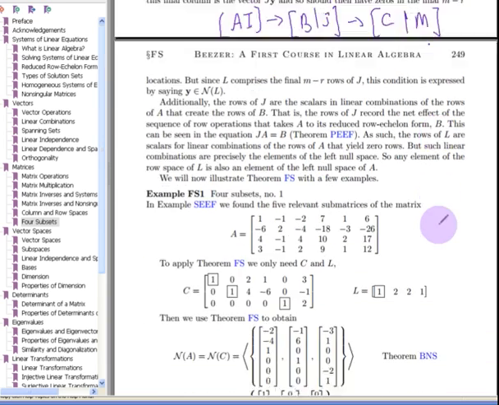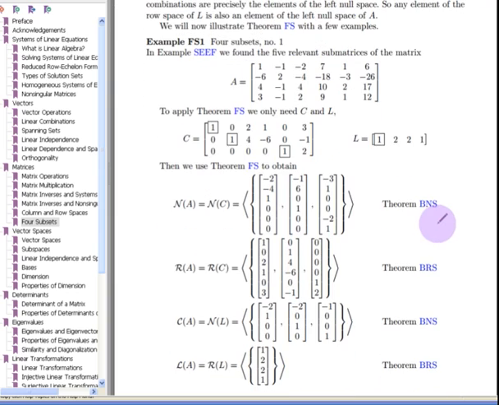Okay, so let's apply this theorem to a particular example. Take this matrix A. When you do the extended row echelon form, you're going to add on a 4 by 4 matrix.